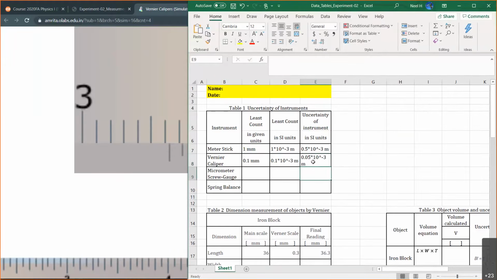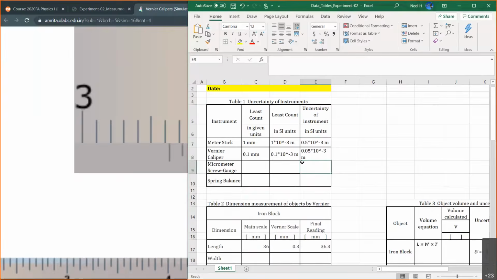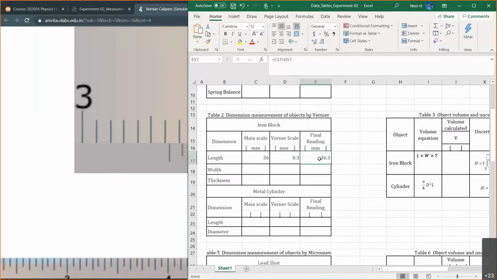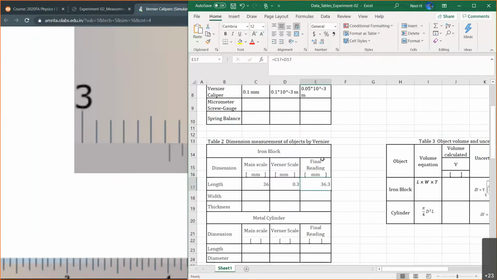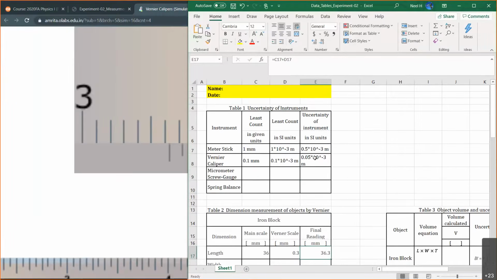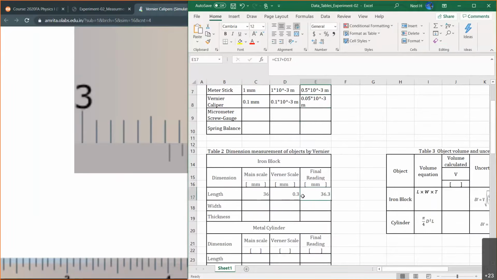If I use that amount of accuracy, you can see I am reporting my final answer to the first decimal place in millimeters. But in terms of the accuracy of that instrument, I should report down to about 2 decimal places in millimeters.